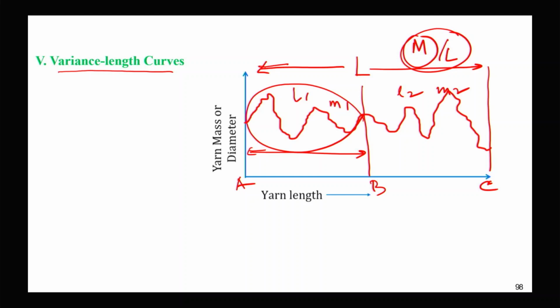We are getting only the mean value of mass, M1. Similarly, for the other component BC, we get the mean value M2. But we can get the variability between M1 and M2.